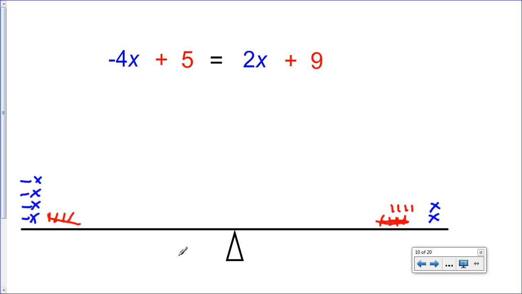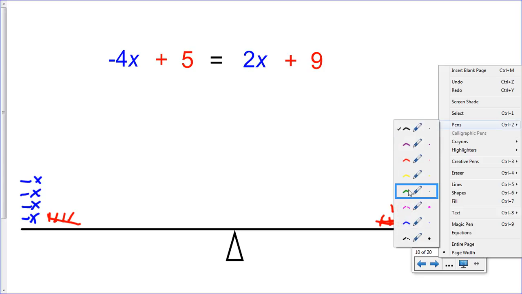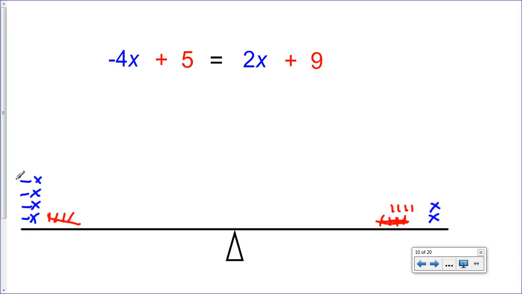Or we could have decided to cancel out these 4 negatives over here. And we would do that with 4 positives. X, X, X, X. But that would require 4 positives over here as well. What have we done? We have added 4 positive x's to both sides of the equation.